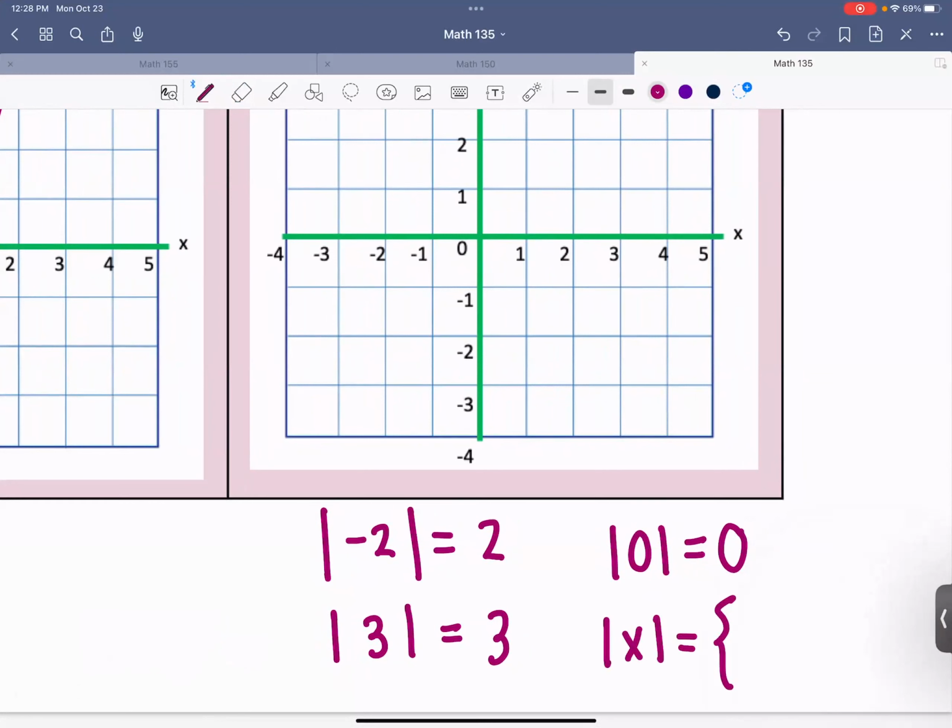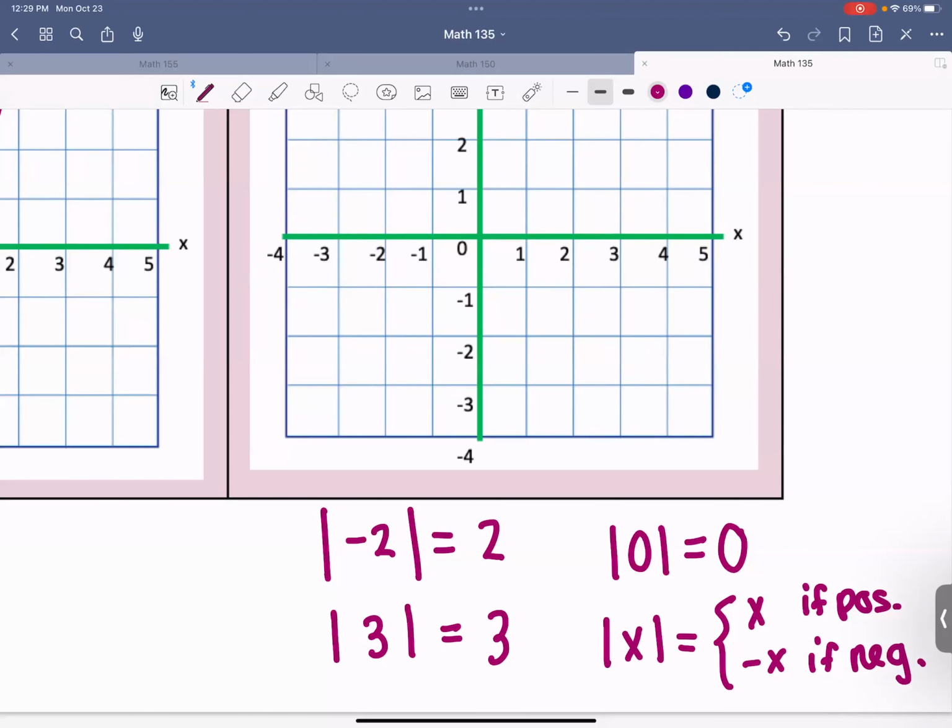This is called a piecewise equation, where it's one thing if something is true and another thing if it's not. It basically becomes x if x is positive, and it becomes -x if x is negative. So that's kind of the definition of an absolute value of a variable. But we won't get into that. That gets into further versions of math. I was about to tell you something wrong. All right.